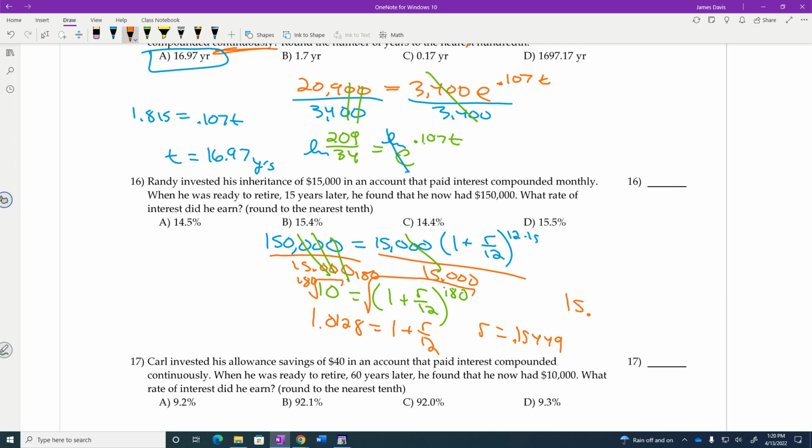Two places, 15 point. Now this one's tricky. Rounding to the nearest tenth, is it 15.4 or 15.5? This is the tenth place, so we look next to it, it's a 4, so we keep it the same.